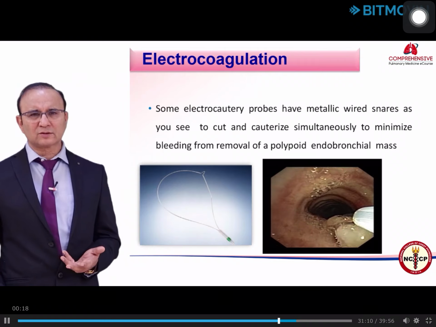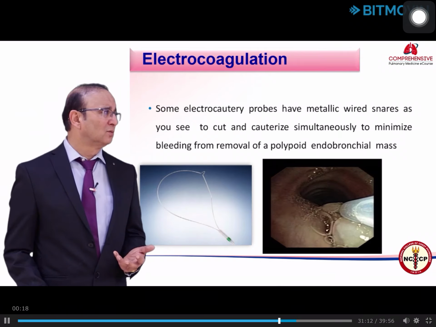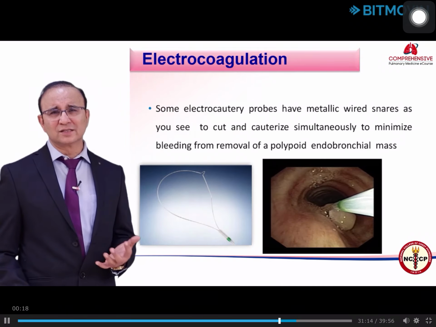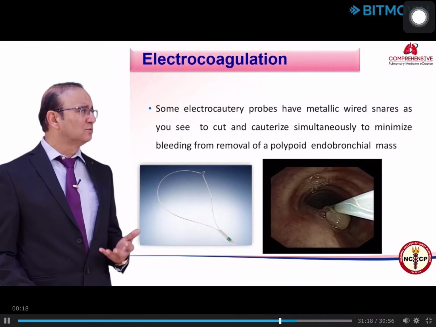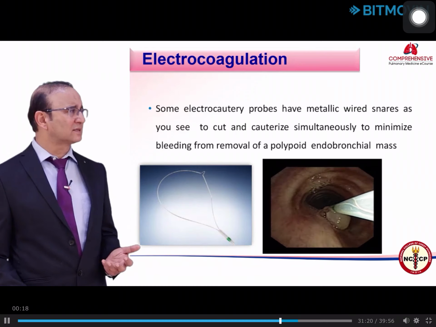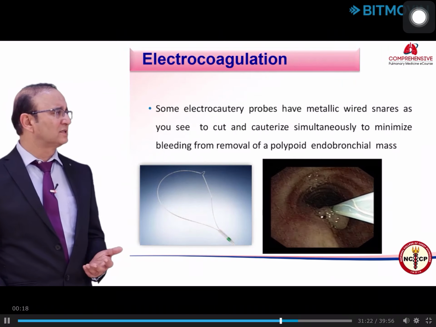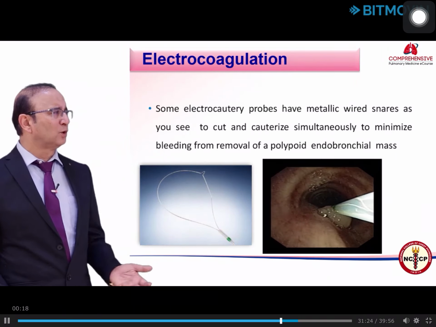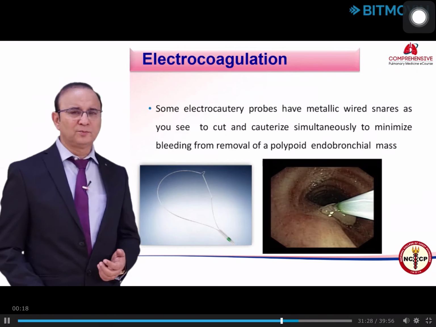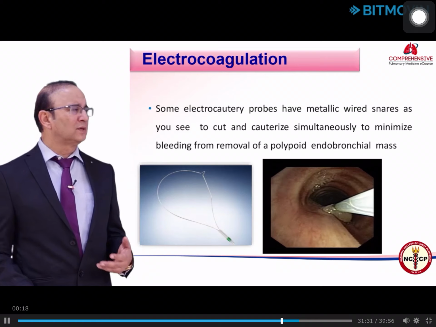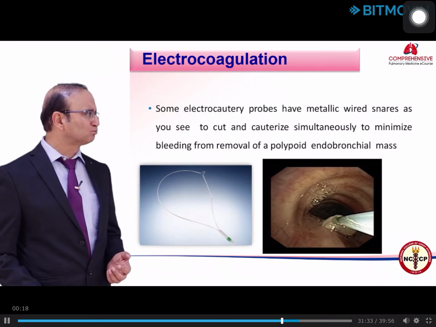And some electrocautery probes have snares, as you can see on this, to cut and cauterize simultaneously to minimize the bleeding from the removal of a polypoid endobronchial mass. As you can see on the screen, a polypoid mass is being removed with a metallic wire snare.